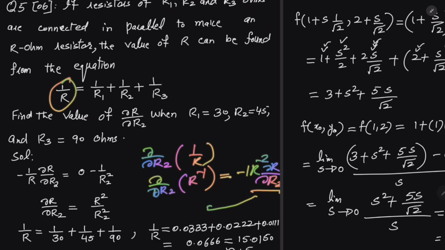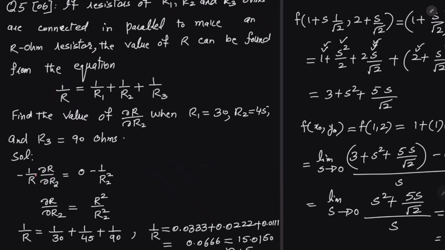Yes, there is an error, I guess. This should be R square. On the right hand side, we have R square divided by R2 square.